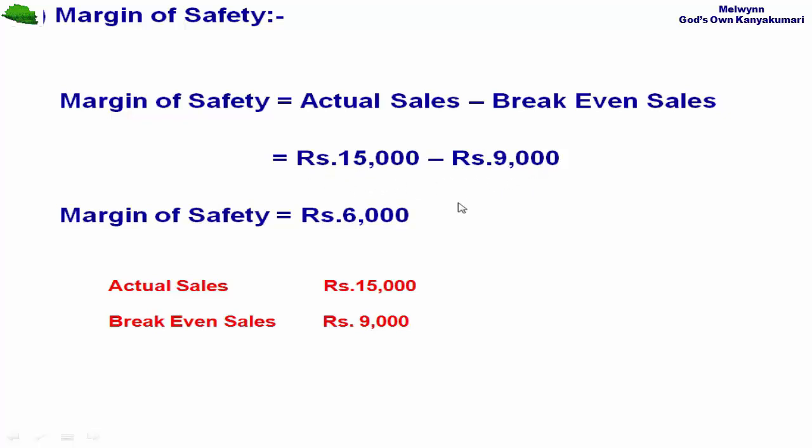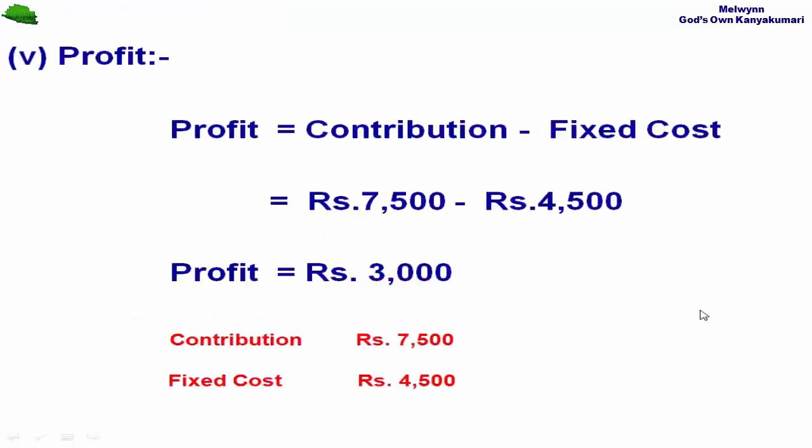So rupees 15,000 minus rupees 9,000 is equal to rupees 6,000 margin of safety. Then profit. Profit is equal to contribution minus fixed cost. Contribution amount is rupees 7,500 minus fixed cost rupees 4,500 is equal to rupees 3,000 profit.